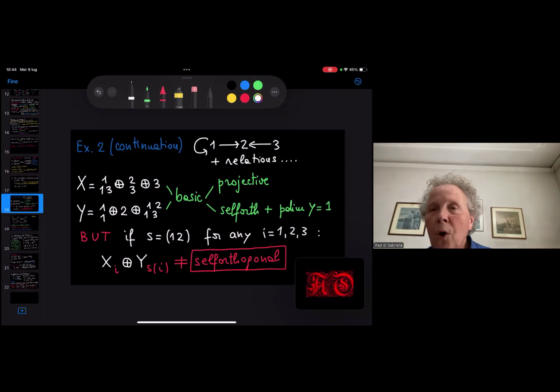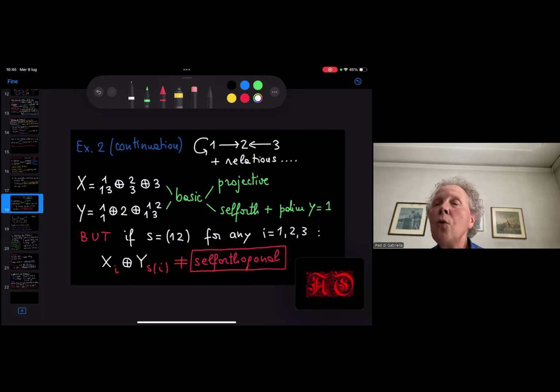Similarly, in example 2, again over this non-hereditary algebra, if X denotes again the direct sum of the three indecomposable projective modules, and if we denote by Y the direct sum of the following three indecomposable modules, we have that X and Y are both basic. X is projective.